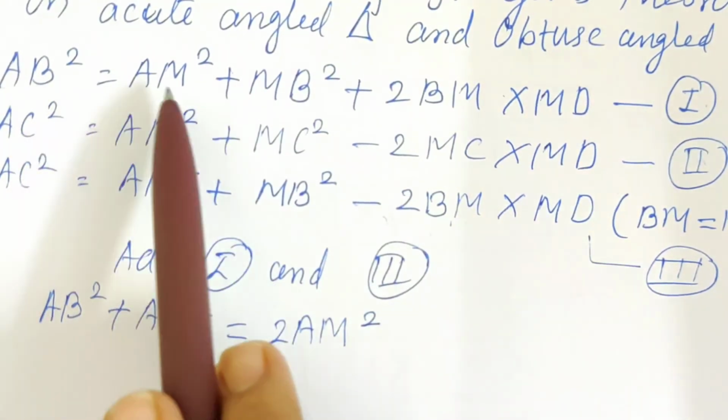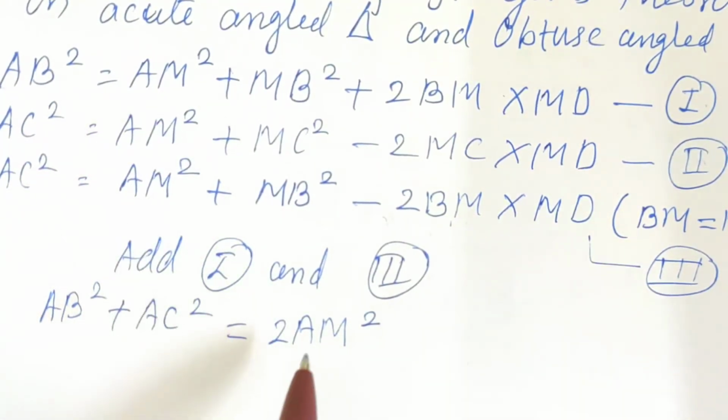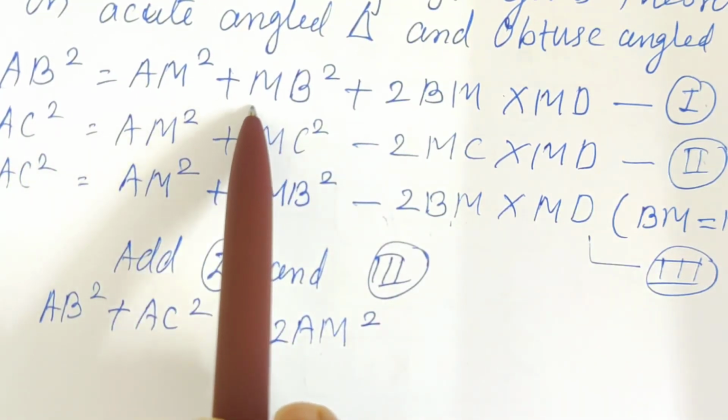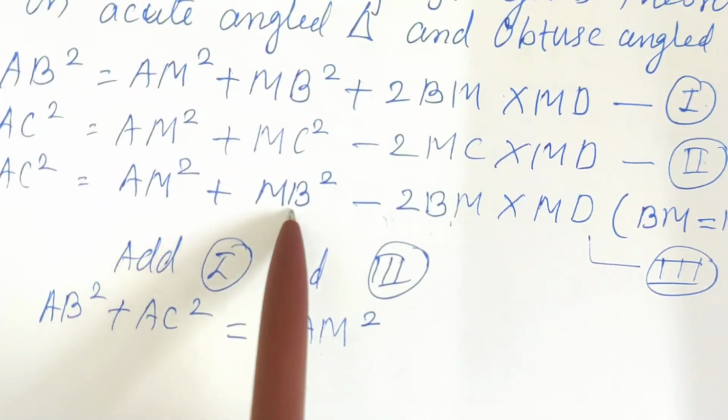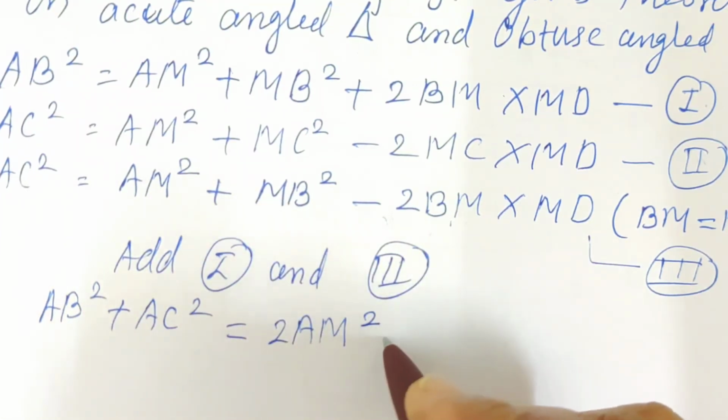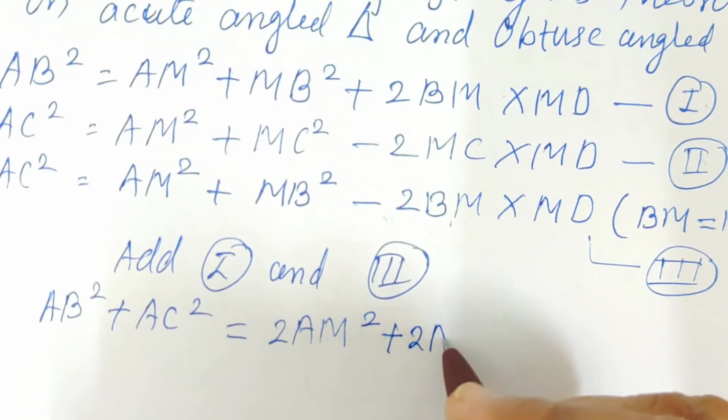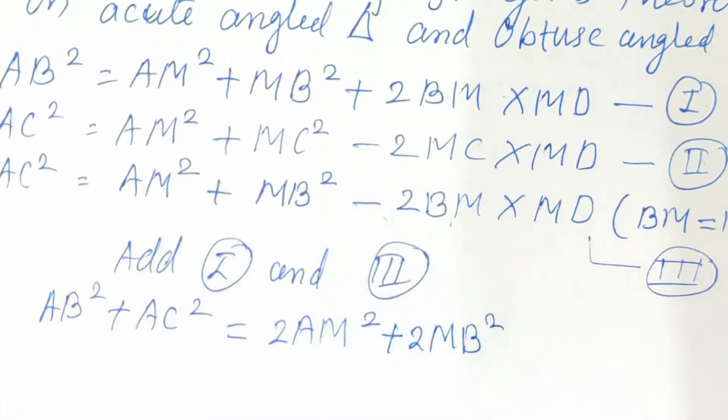So 1 AM square plus second AM square, that is 2 AM square. Similarly here 1 MB square plus 1 MB square is equal to 2 MB square.